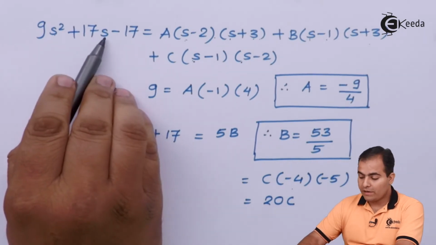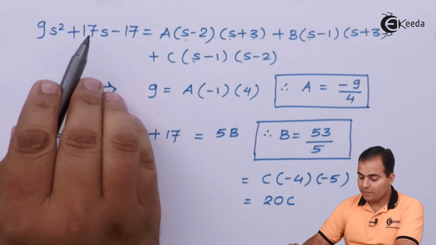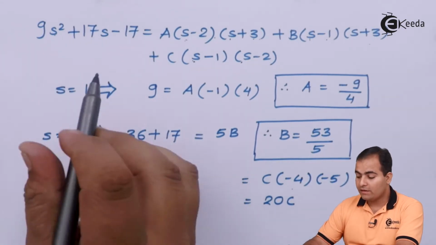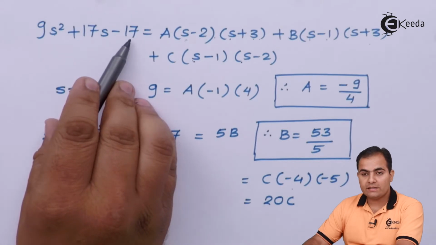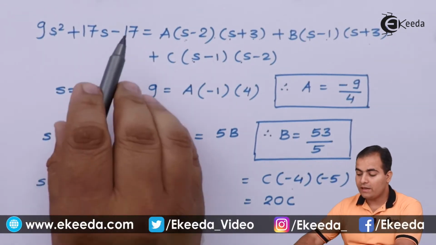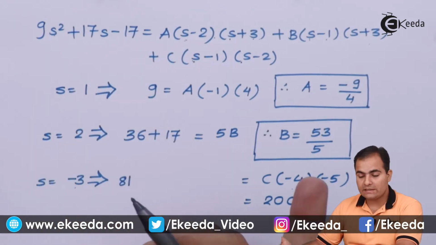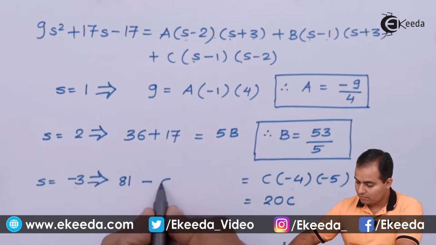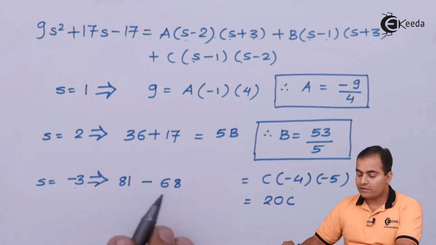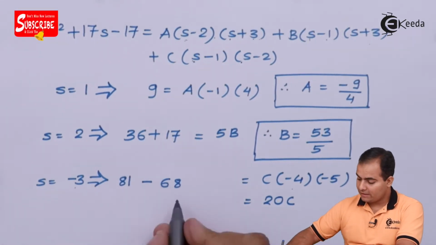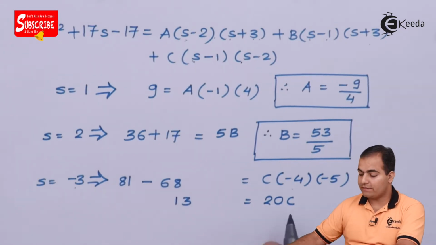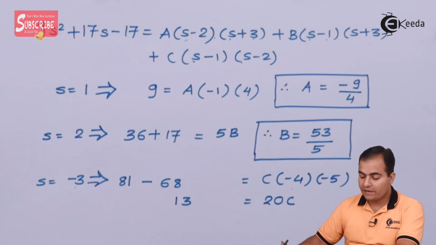Whereas if s is replaced by minus 3, then minus 3 into 17 becomes minus 51, and minus 51 minus 17 becomes minus 68. Now just perform the subtraction. The result is 13. So the c value becomes 13 by 20.